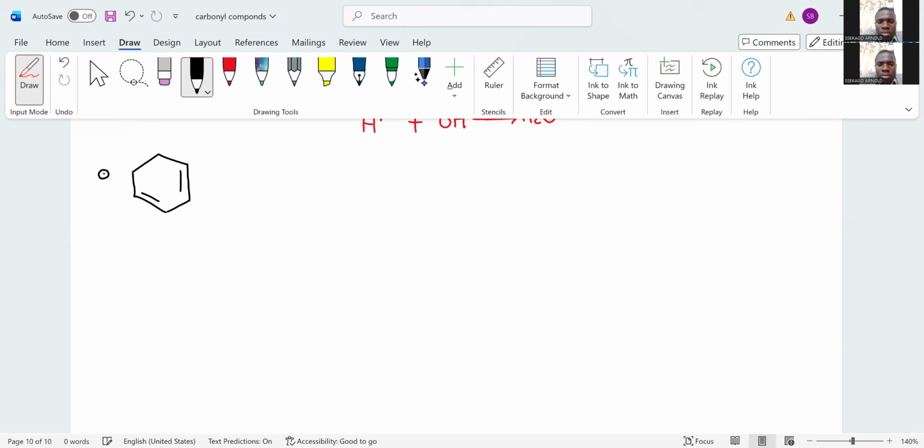Still with Brady's reagent. You know, you people may think that these things are difficult. Yeah, but they are not. You just have to give them some time. And the Brady's reagent.